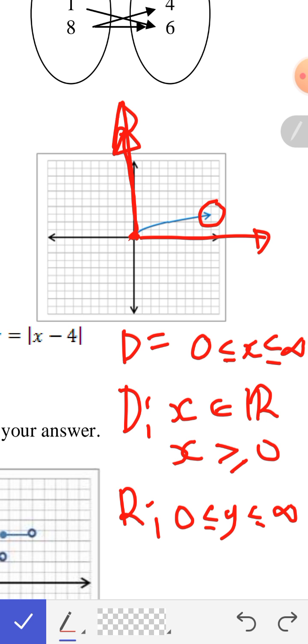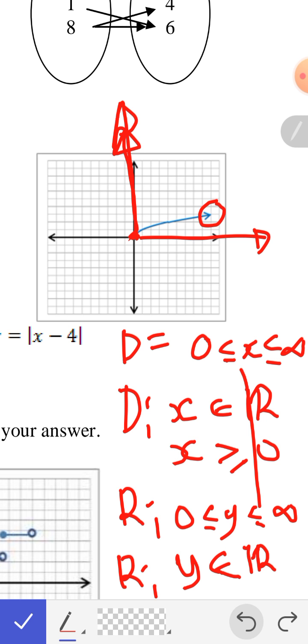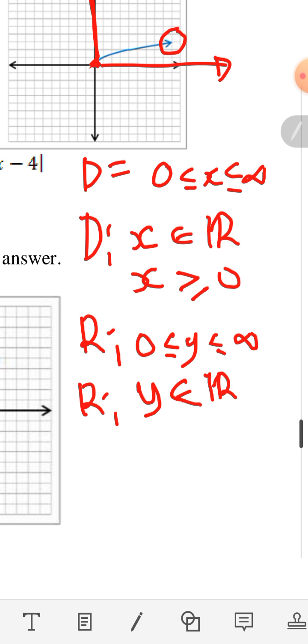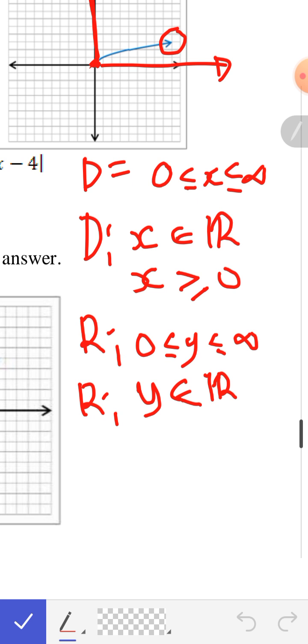I can say range is that y is a member of all real numbers, and also y is greater than or equal to 0. So that would be domain and range.